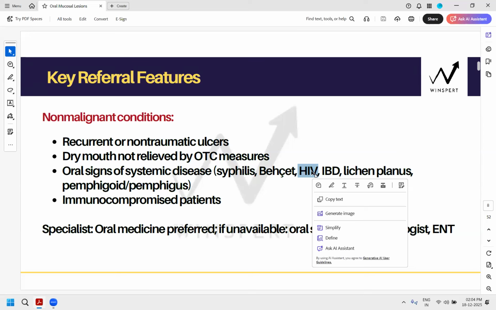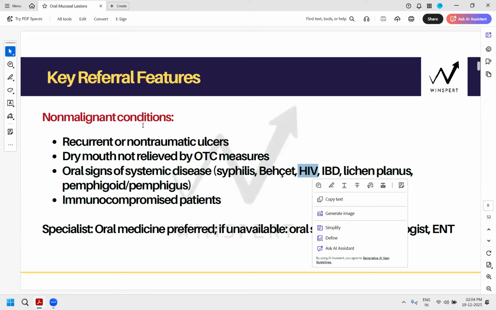Right? So this is a non-malignant condition which still warrants specialist referral. So HIV, oral hairy leukoplakia, and chronic oropharyngeal candidiasis both fall under the category of oral signs of systemic disease, which is HIV. So this is a non-malignant condition but requires referral for the specialist.